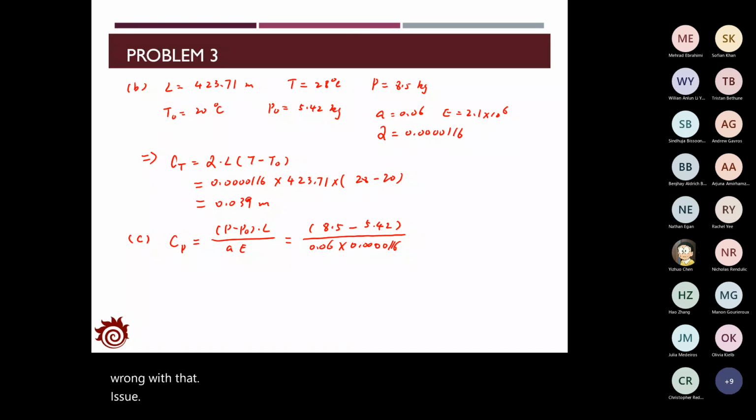So 0.001 and 0.06 times 2.1, and 30. So this should be this one times this one times this one divided by this.